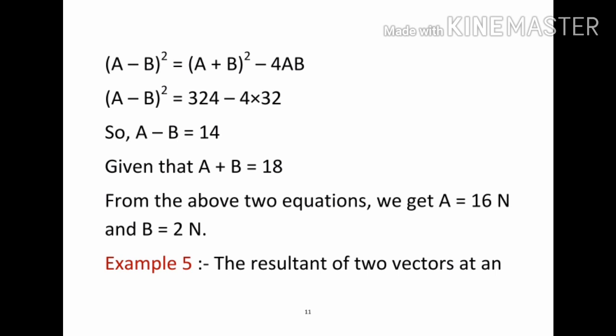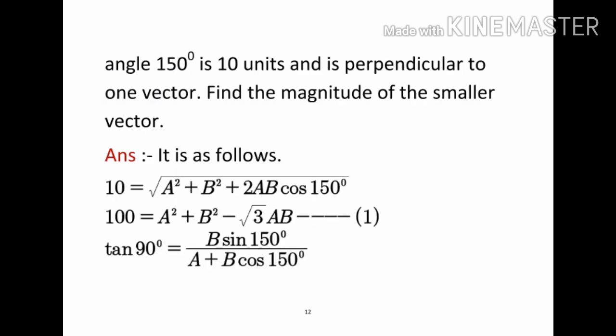Next one, another example. The resultant of two vectors at an angle 150 degrees is 10 units and is perpendicular to one vector. Find the magnitude of the smaller vector. In this case, the resultant is 10 units. The angle between the two vectors is 150 degrees.